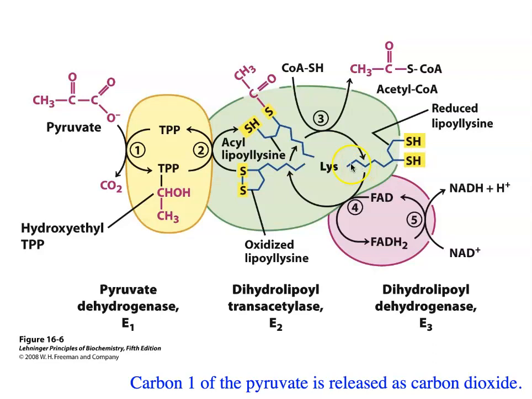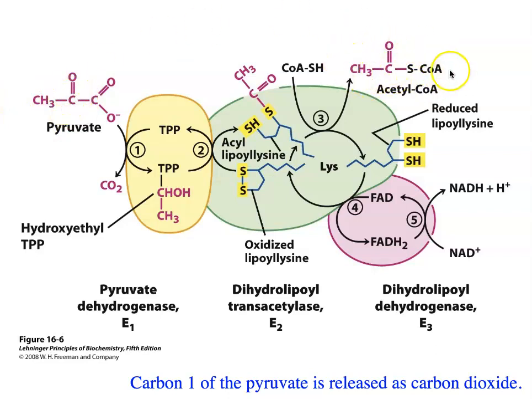Now, what is the difference between the fully oxidized and the fully reduced? Well, the only difference is that the lipoyl lysyl group has a pair of electrons left over from the decarboxylation and transfer of pyruvate, and the transfer of the remaining acetate group to acetyl-CoA.